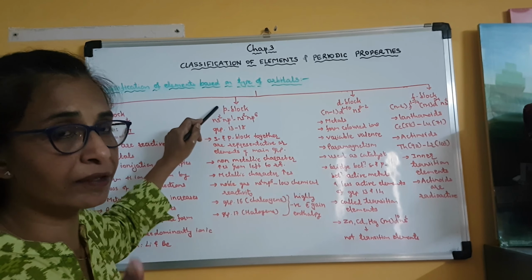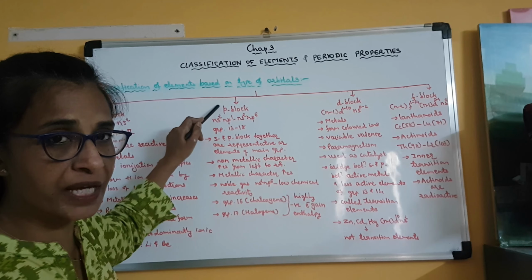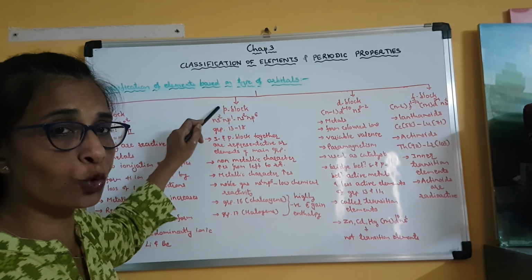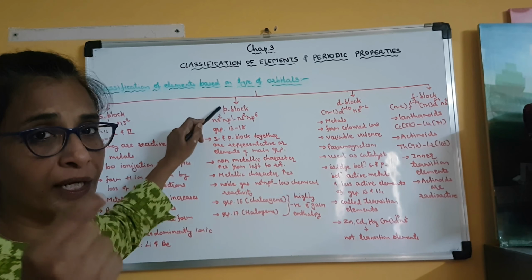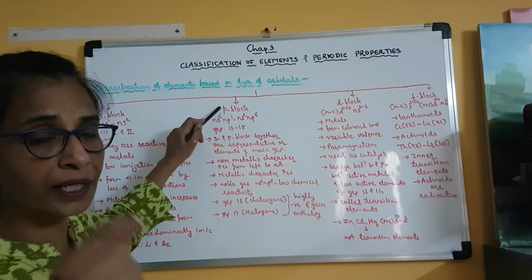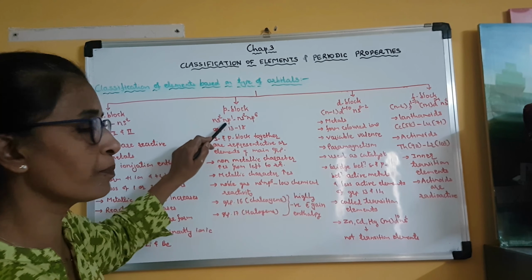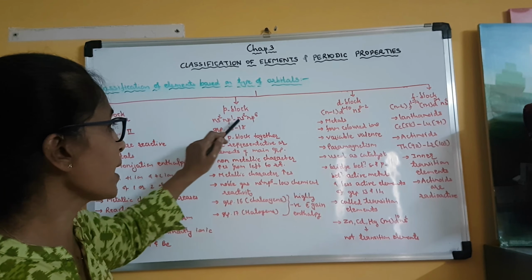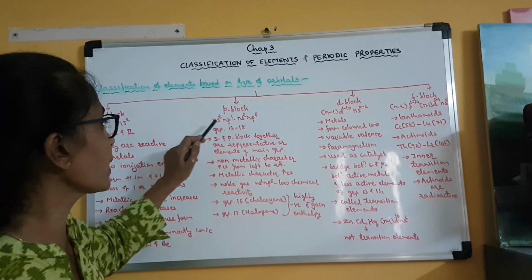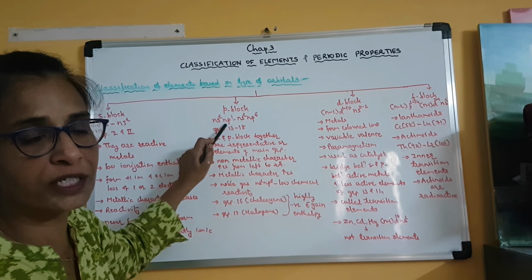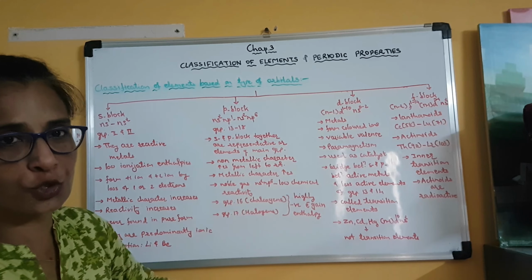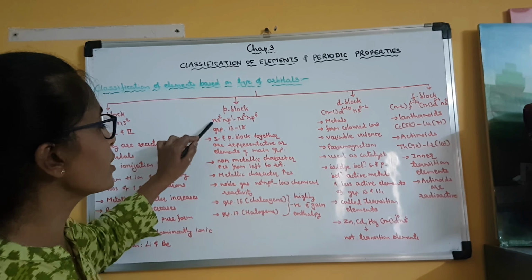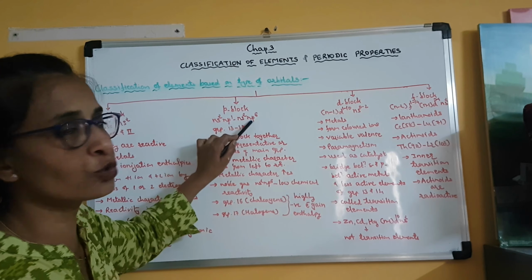P orbitals are 3 in number, px, py and pz. 2 electrons in each, meaning a total of 6 electrons can be accommodated in p orbitals, and that is why their general configuration is ns2np1 to ns2np6, meaning their s orbital is complete and electrons start entering the p orbital. Here again n stands for principal quantum number. If the element belongs to second period, then this will be 2s2 2p1 to 2s2 2p6.